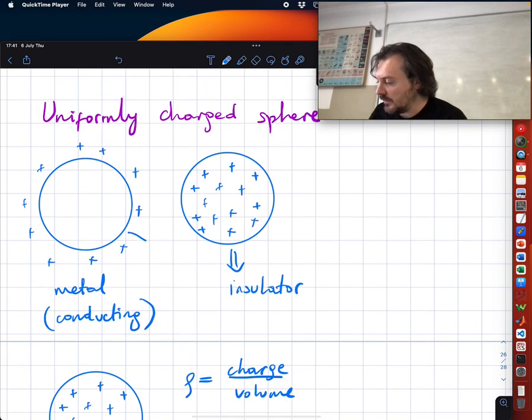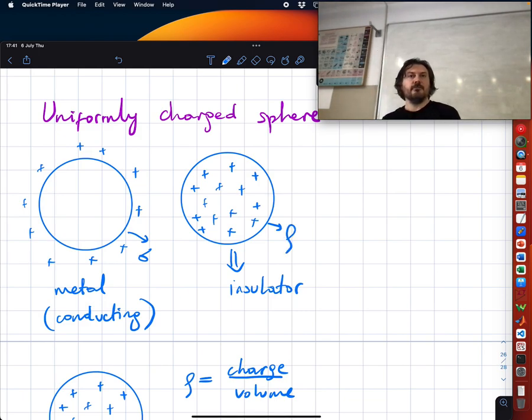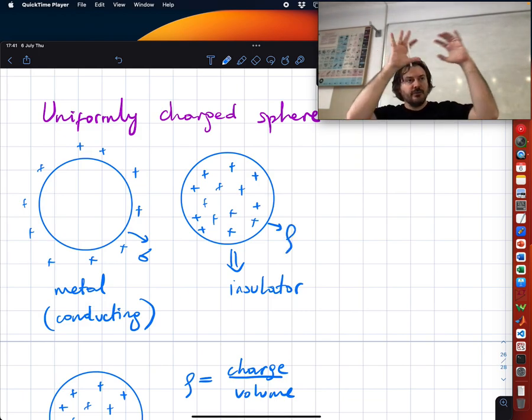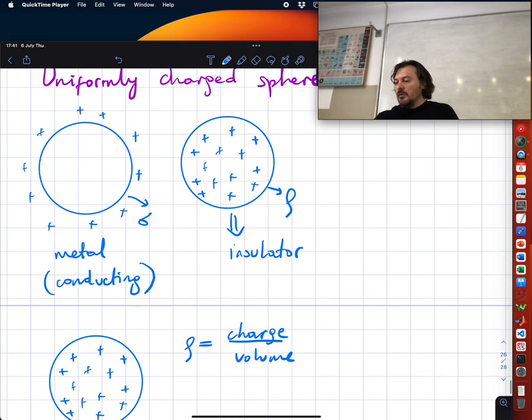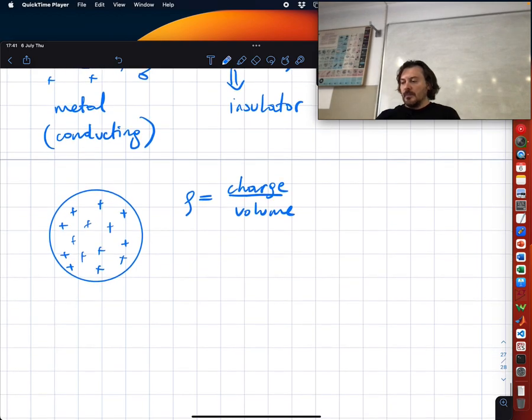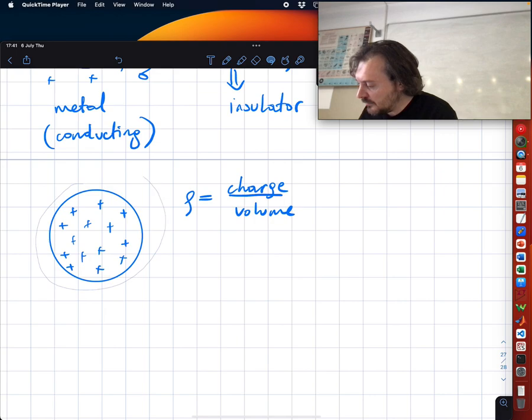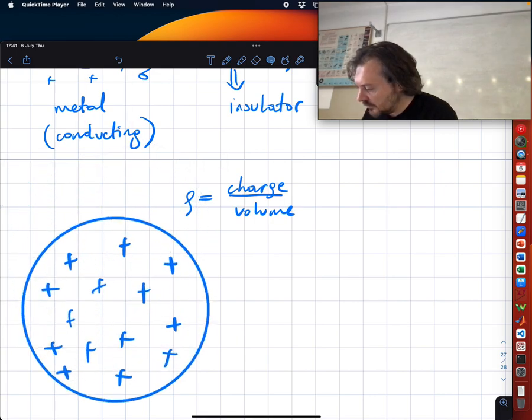And for this one, we need surface charge density. Right? One is on the surface, another one is throughout the volume.